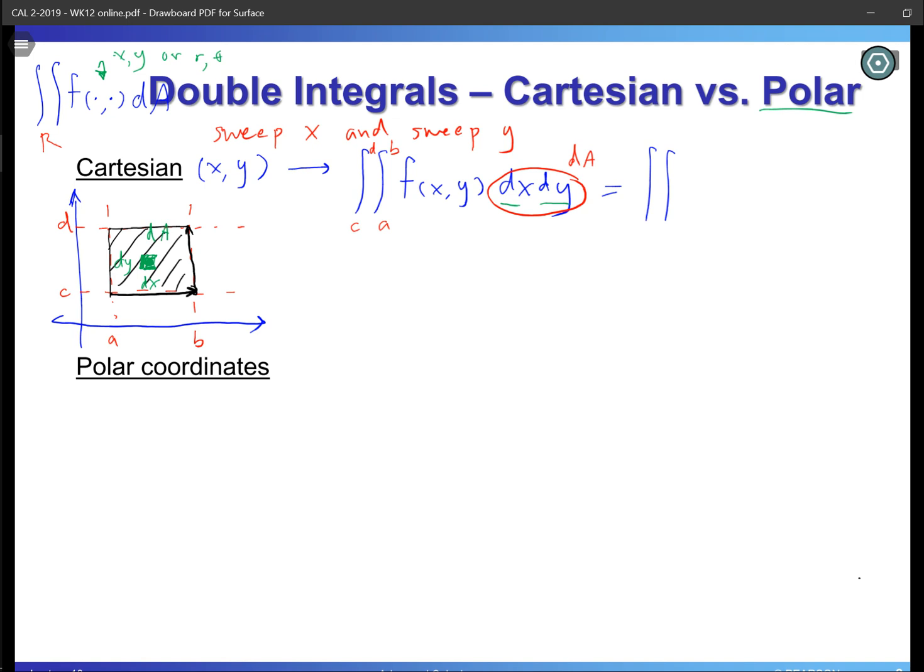Instead of integrating with respect to x first, we can integrate with respect to y, and then x. This is reverse order integration. It's not something new or some new technique. So we have this reverse order, and don't forget to reverse the order of the boundaries too. So now y goes from C to D, and x from A to B. Okay, so what we see here is the version for Fubini's.